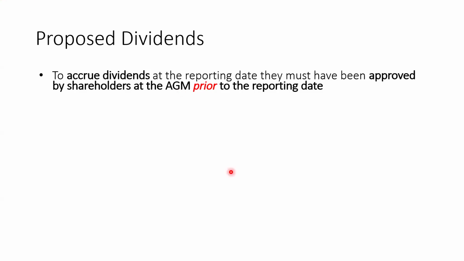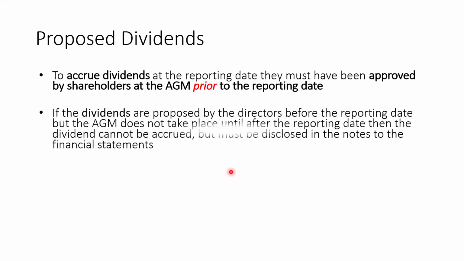You only disclose it. So the proposed dividends by the directors was done before the reporting date, but the AGM does not take place until after the reporting date. Then dividend cannot be approved, but must be disclosed. So usually the directors of the firm will propose a dividend, but it has to be approved by the shareholders at an annual general meeting.